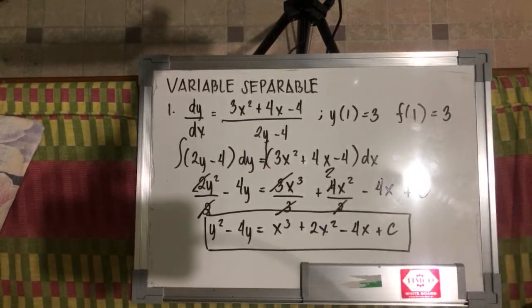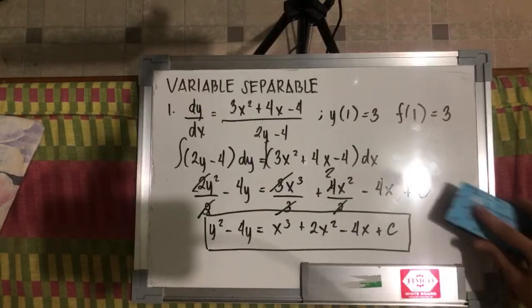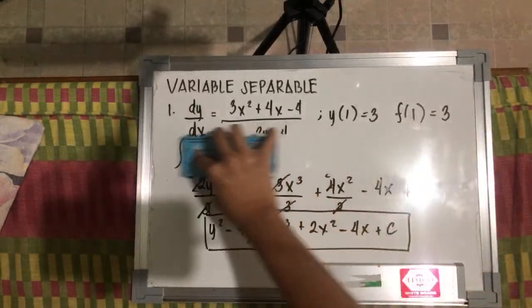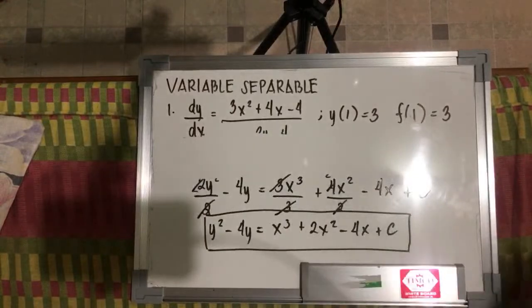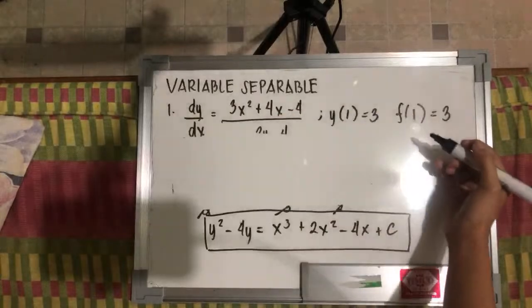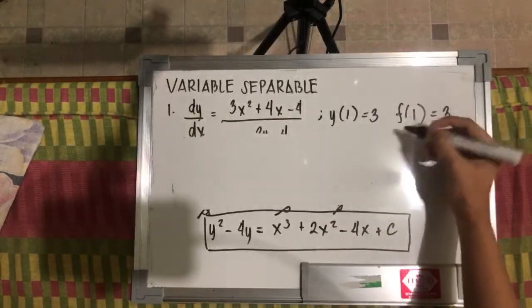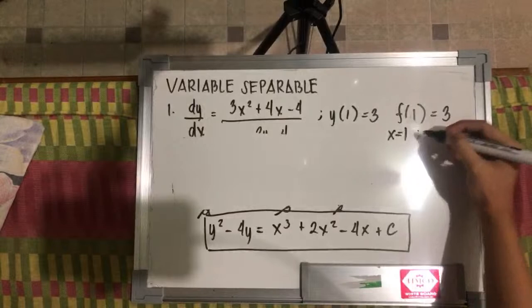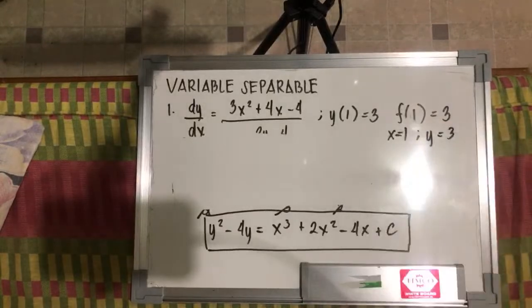So, burahin ko lang to. Magiging, substitute natin. So, if x is 1, y is equal to 3.